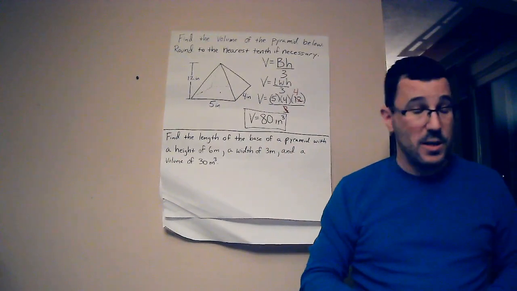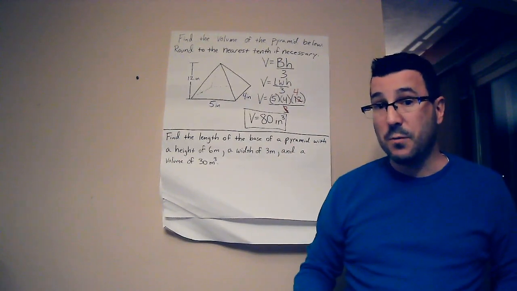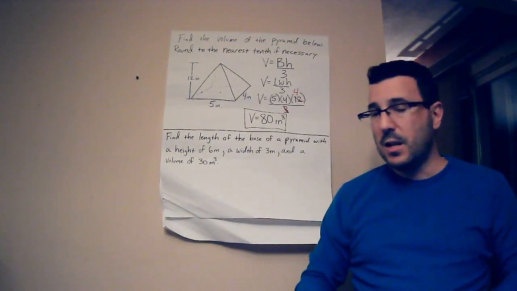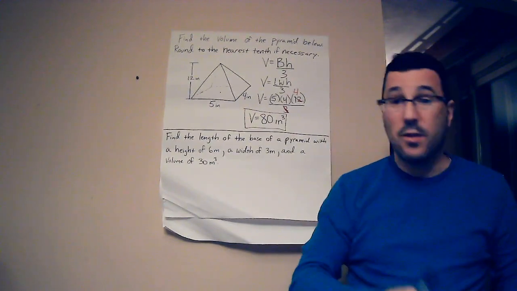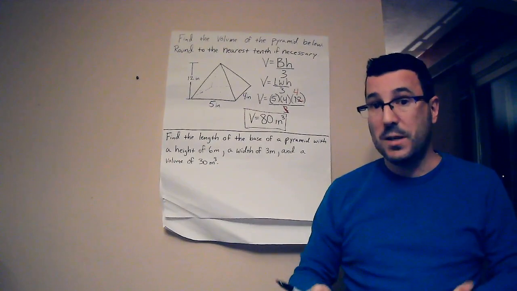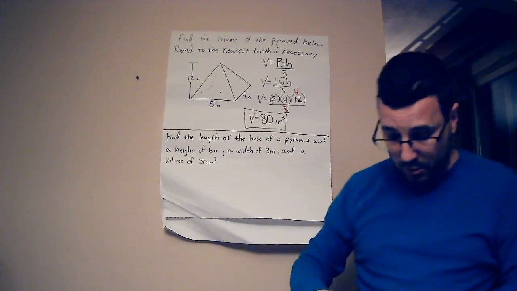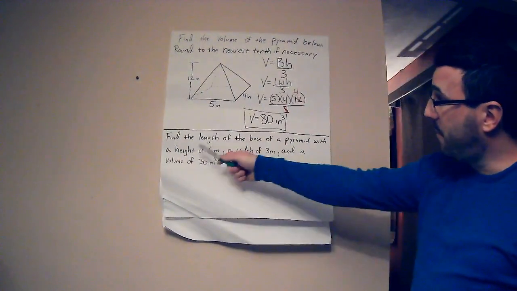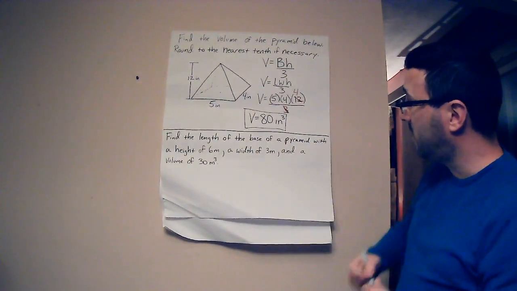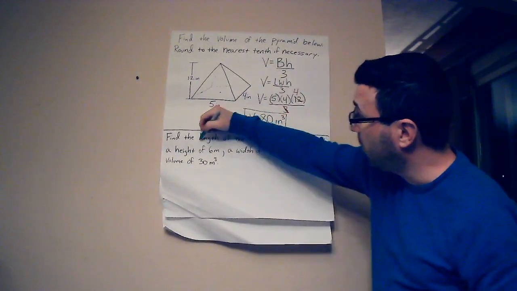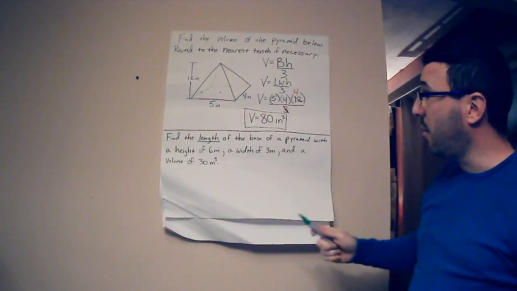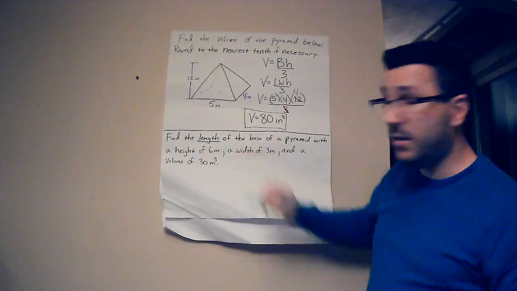Now, just as we did yesterday, sometimes they're going to give us a problem where they give us the volume and we have to find either the height or the length or the width. We have to find one missing piece. So let's take a look at this problem. Find the length of the base of a pyramid with a height of 6 meters.